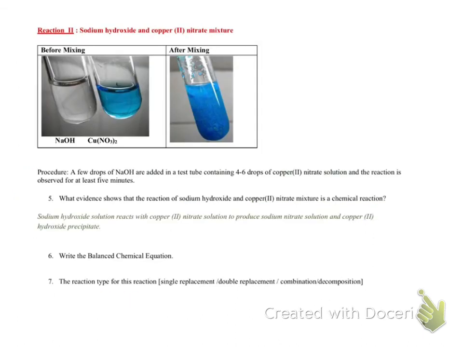The next reaction that students do in the lab is mixing sodium hydroxide with copper nitrate. Sodium hydroxide is a colorless transparent solution, and copper nitrate is a blue transparent solution. And after you mix it, you see all these solid chunks.